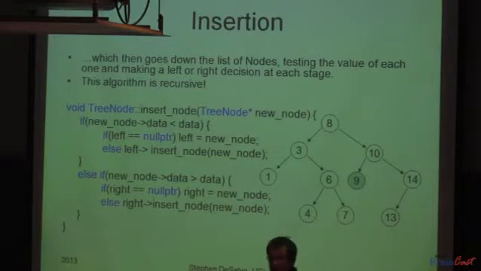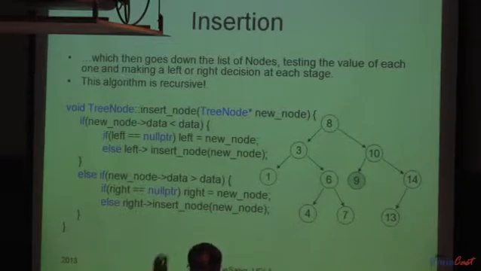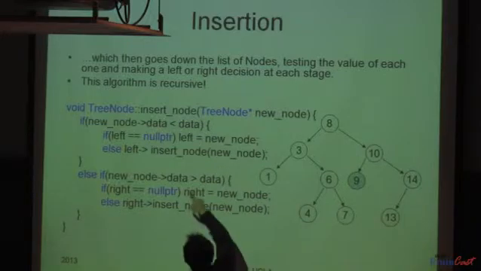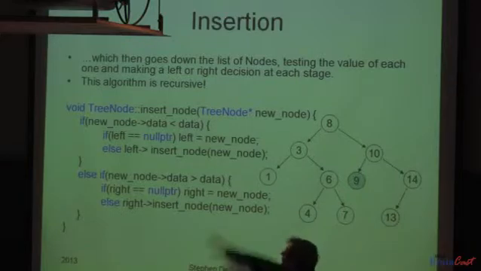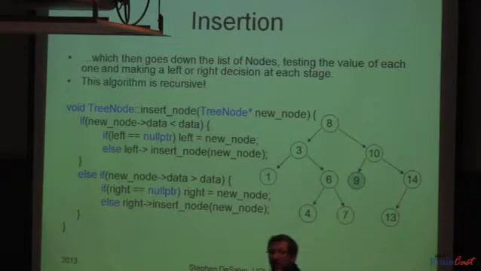The answer is yes. New node data, which is 9, is less than data, which is now 10. Does the 10 have a left child? The answer is no. Its left pointer is nullptr. So we set left equal to that new node. We found its home. The 10 exits out of its function, the 8 exits out of its function, and we're done. We've inserted the node.